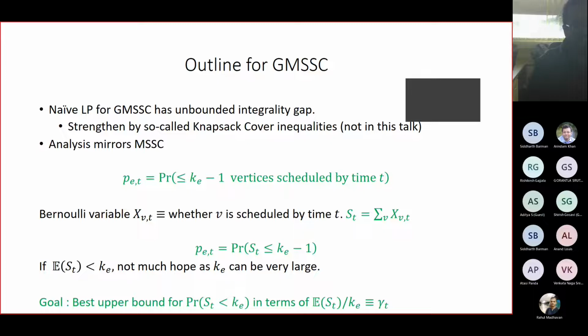We are only interested in the case when gamma t is at least 1. So the expected number of vertices scheduled so far is at least the covering requirement. And now you want to see how good a bound you can get on the probability that the edge is not covered, the probability that the number of vertices actually scheduled by time t is strictly less than K.